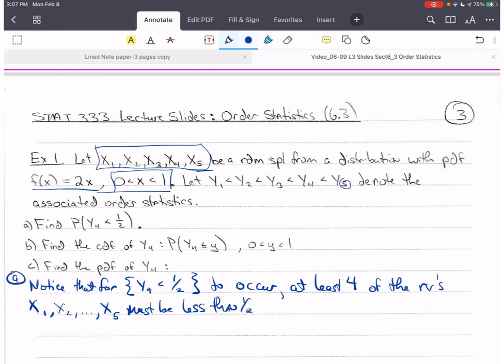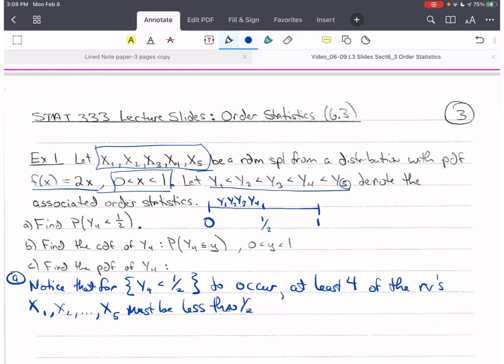Why? So let's look at a little picture. This may help you. Of course, I can't draw a straight line. So the range is 0 to 1, and here's 1/2. Now, if y4 is over here, then at a minimum we have y3, y2, and y1 over here because they are less than y4.